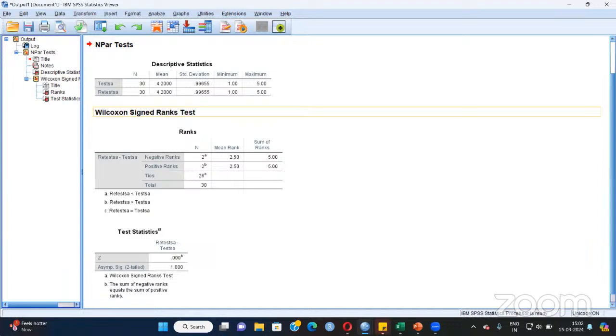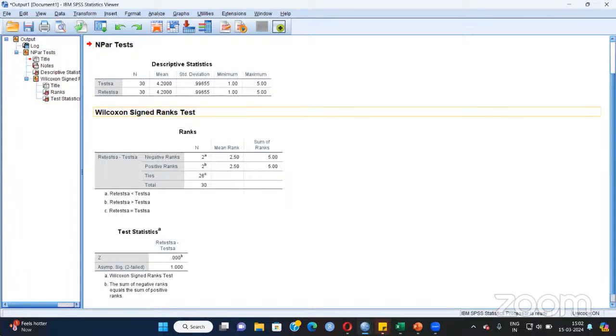Again, the standard deviation will be different. And this is the rank. In both cases, rank is 5, but in your actual case, you may find different ranks. Based upon that, you can tell whether the test and retest are similar or not.